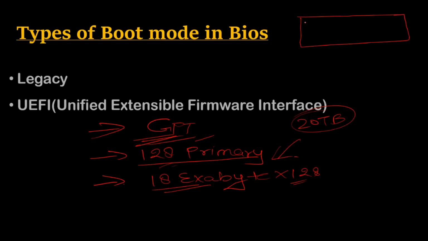Firstly, on the first space, there is the index. Index means the metadata of your partitions. It has the information about how many partitions you want to create, what is the size, what is the name of the partition. Everything is available in this index area.